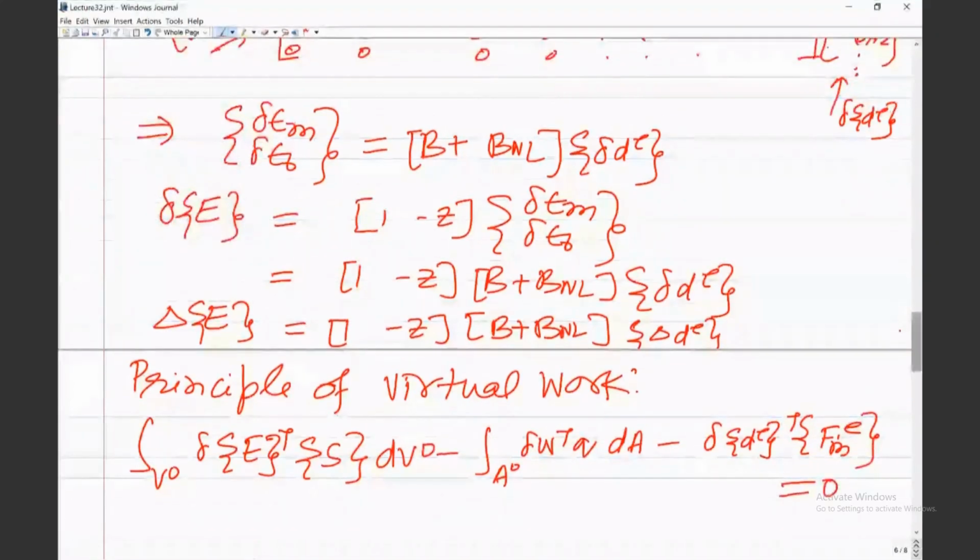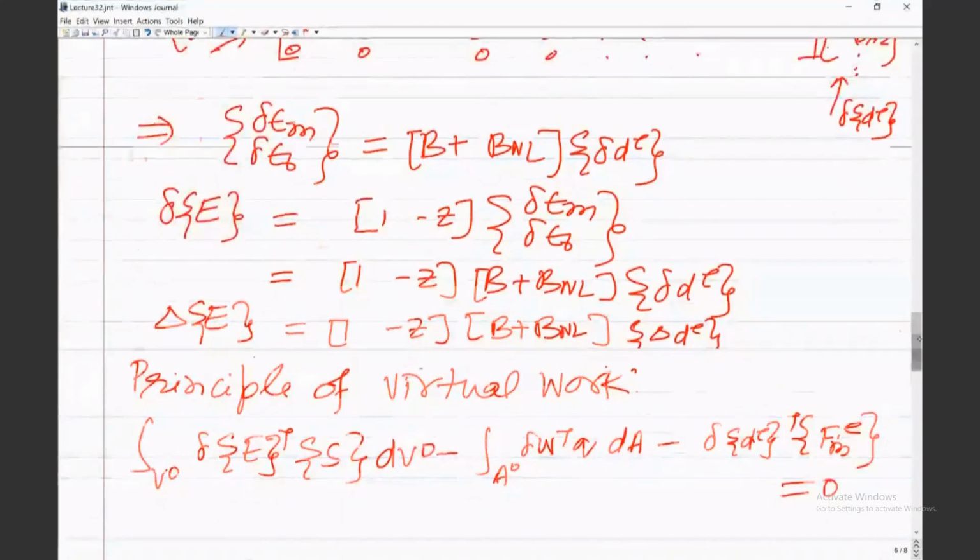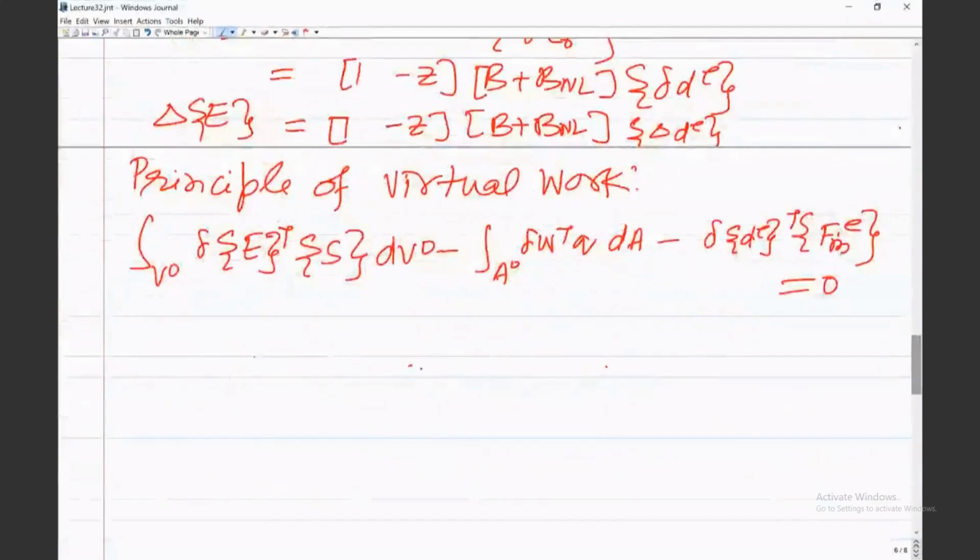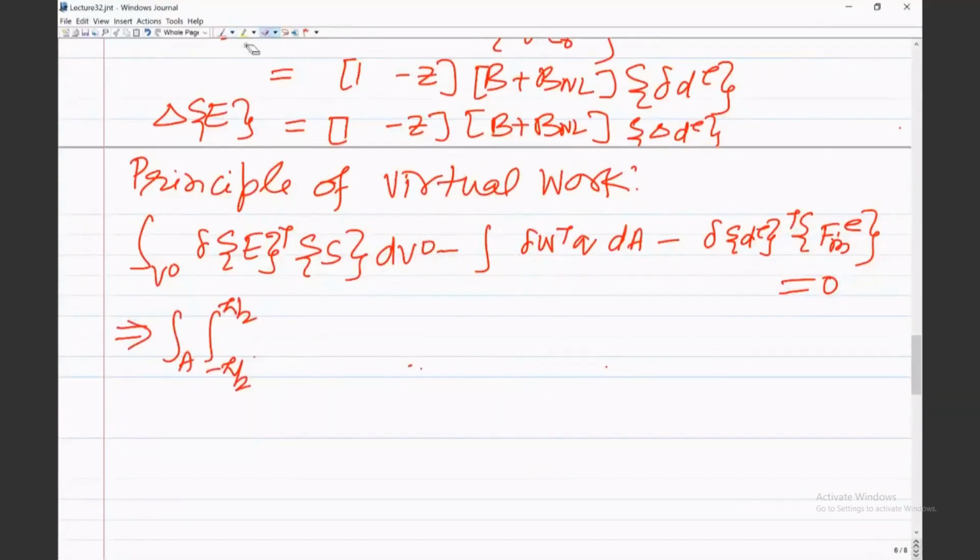So this is the principle of virtual work written in this manner, and now you substitute delta of epsilon E and delta W etc. in terms of interpolation functions. You can split the integration over area and over thickness. The reference area, let me put as just A itself, capital A is the reference area, so I'm removing A naught.